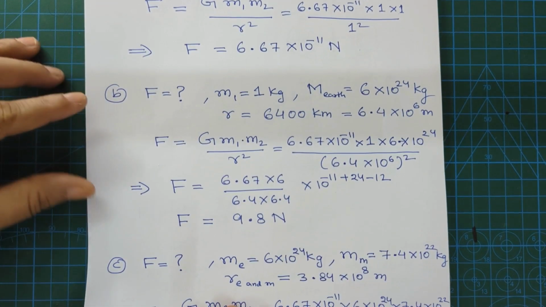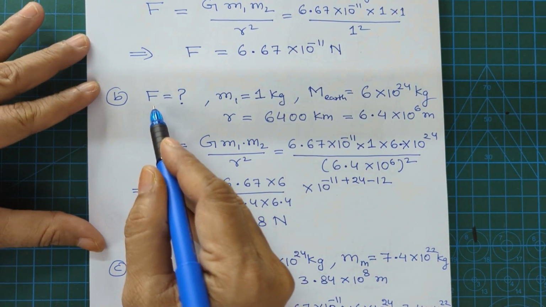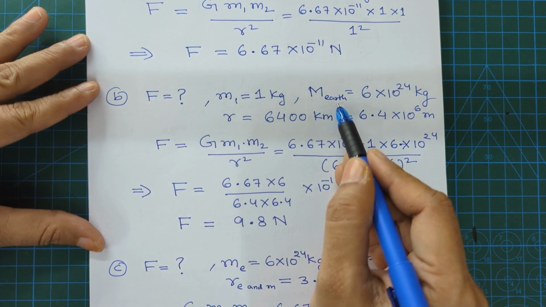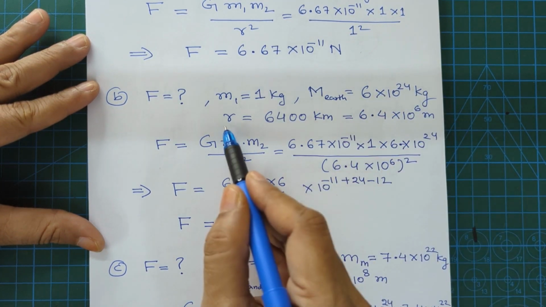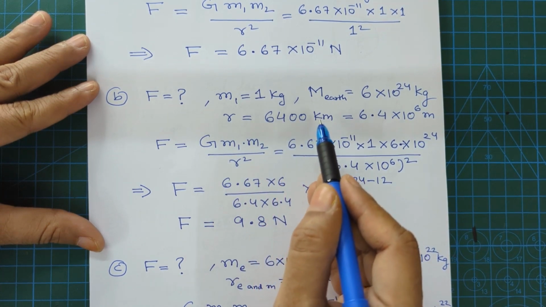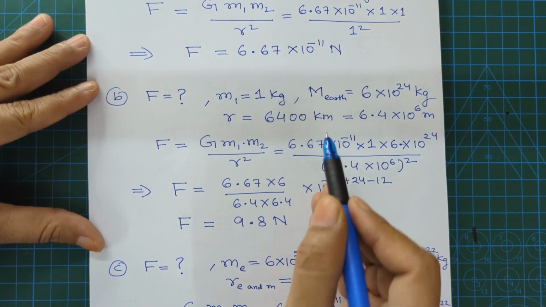The second case is where we have to calculate the force of gravity between an object of mass 1 kilogram and Earth, whose mass is 6 into 10 to the power 24 kilograms. The radius of Earth is 6400 kilometers. In this chapter, there are a good number of constants that we have to remember.